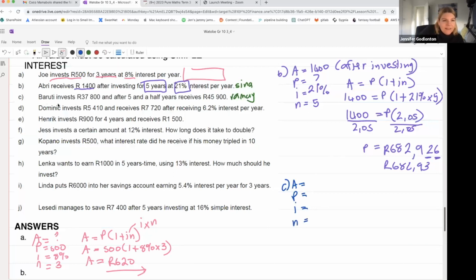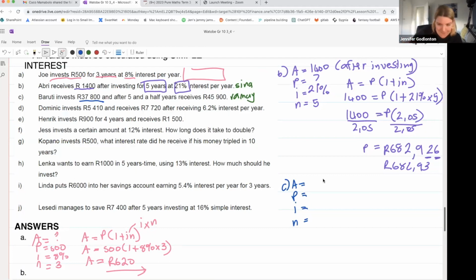So Baruti invests 37,800. Oh my goodness, 37,800,000 rand. Oh no, I'm messing this up horrifically, guys. Okay, Baruti invests an amount of money. What is that going to be? Is that going to be our A or our P?